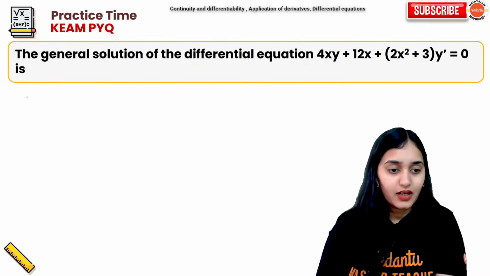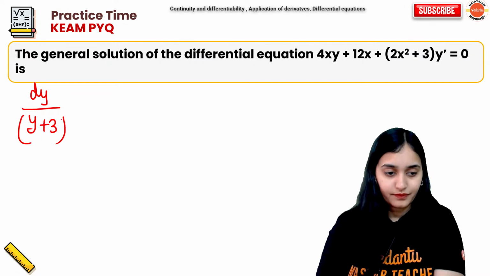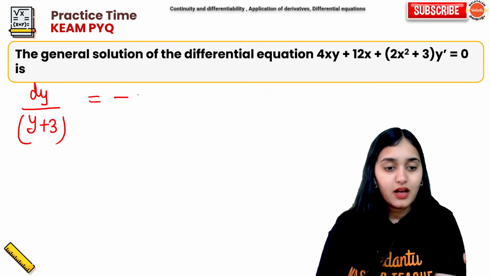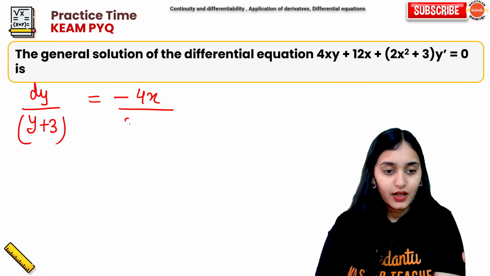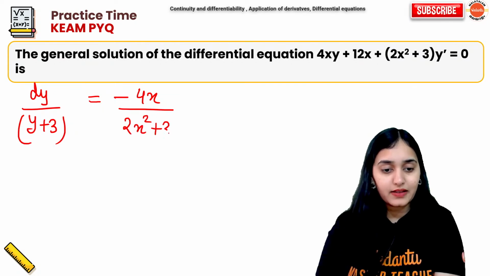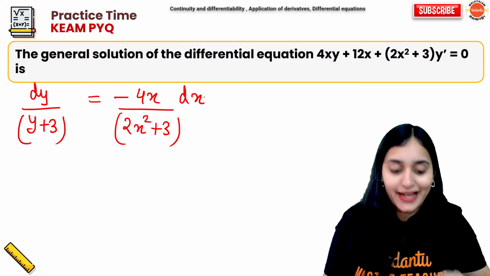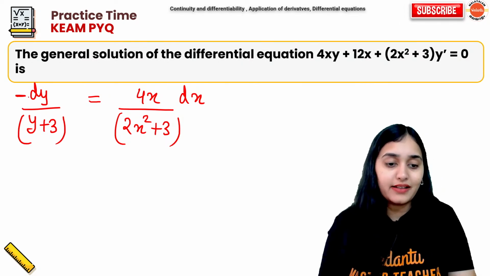So we have dy upon y plus 3 is equal to minus 4x upon 2x square plus 3 into dx, right? Now what will I do? I will bring this minus sign on the left hand side.